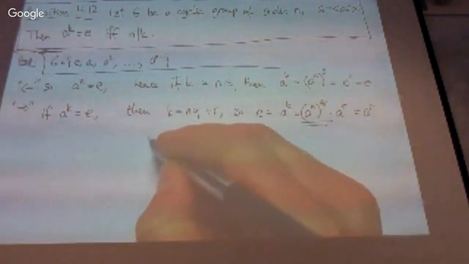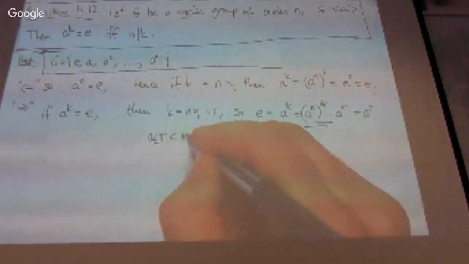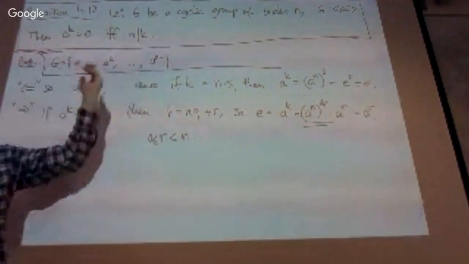But what is r? r is between 0 and n, so it's got to be 0.